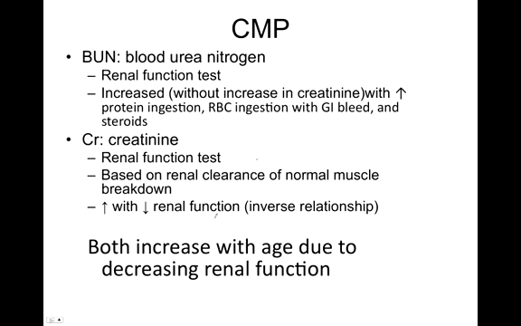There's an inverse relationship with renal function, so as the creatinine goes up, it indicates decreased renal function. So Dr. Cleveland talked about having an increase in creatinine and your urine output related to shock. Both increase with age due to decreasing renal function.